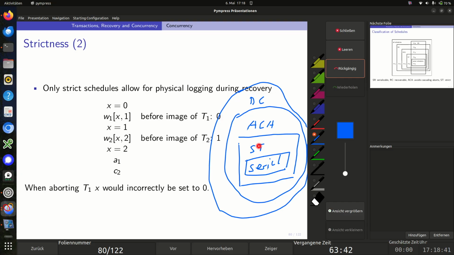And you remember what else we have as a property for schedules? Now we have everything with regard to read-write. We have defined the reads-from relationship, and before that we defined serializability. Where do we put serializability inside this Venn diagram?